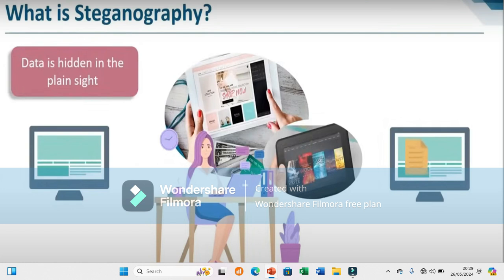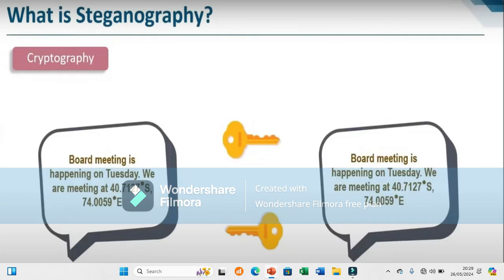It is another way of hiding something inside something in order to get it sent to someone and to protect it from anyone who was not supposed to see it. So that's what the word steganography is all about.